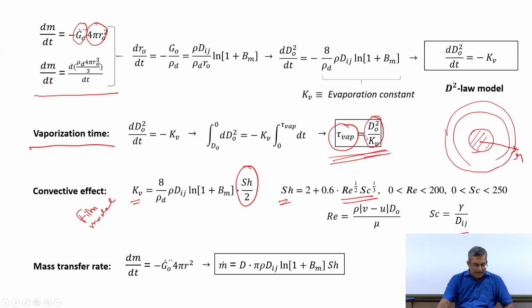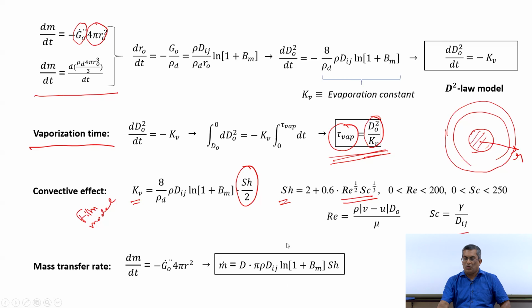And finally, we can show the rate of change of mass. Ultimately what we want is an expression for the rate of change of mass, and now this is equal to minus G naught times 4 pi r square, and then if I plug in this value of G naught here, it can be shown that the mass transfer rate is equal to diameter times this parameter.